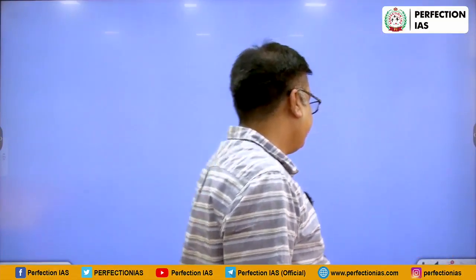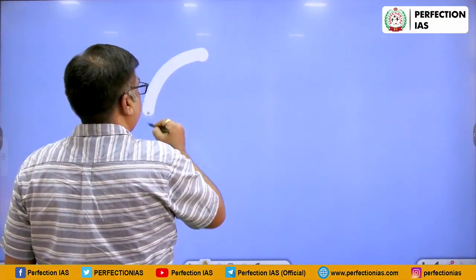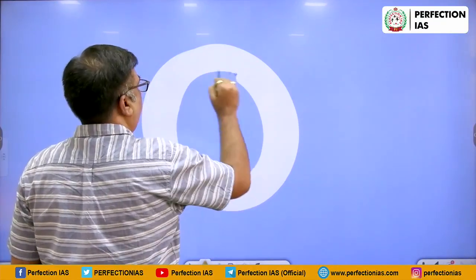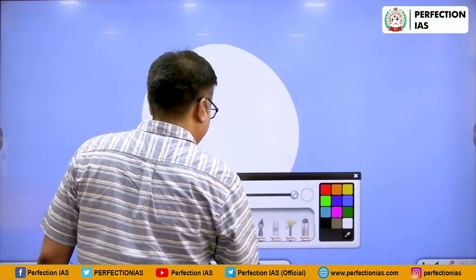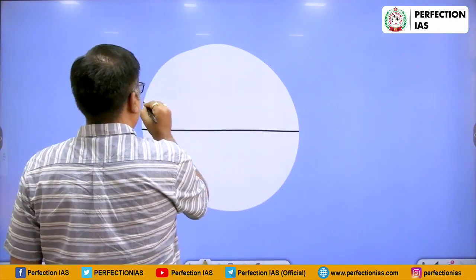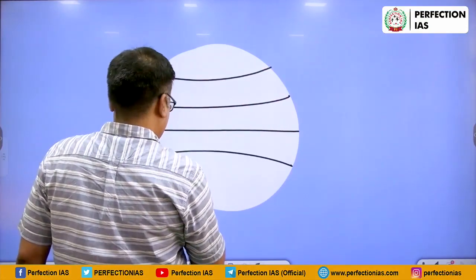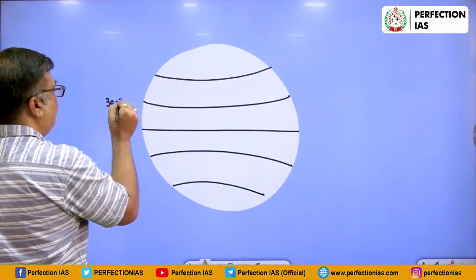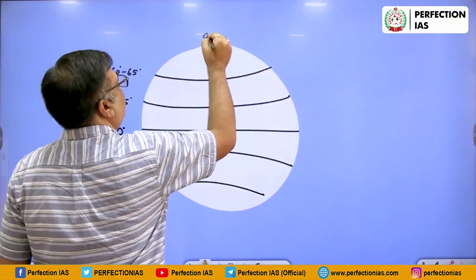Now let us see this imaginary globe. Here it is 0 degree, 30-35 degree, 60-65 degree and 90 degree.